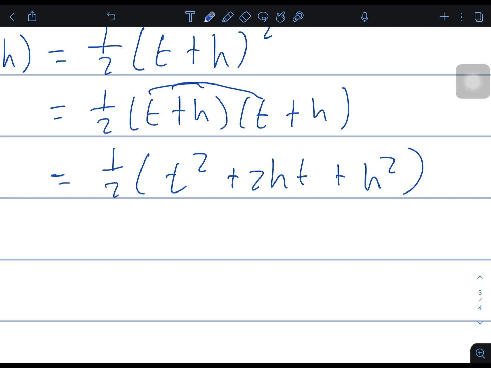Let's simplify further again. We'll go 1 over 2 times t squared, which is 1 over 2 t squared.